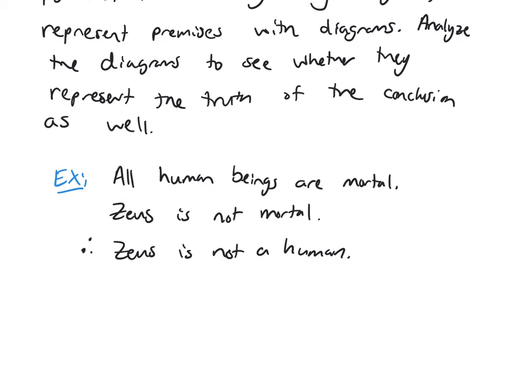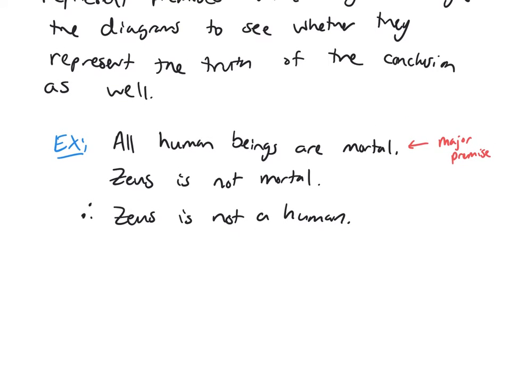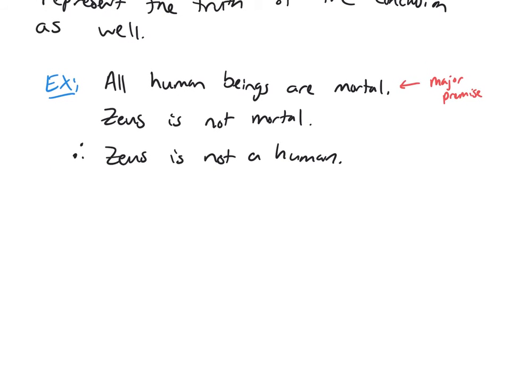So this first premise, it's called the major premise. And we're going to make a diagram to represent that. So all human beings are mortal. So if I draw a picture of that, it would have two circles, one inside of the other.